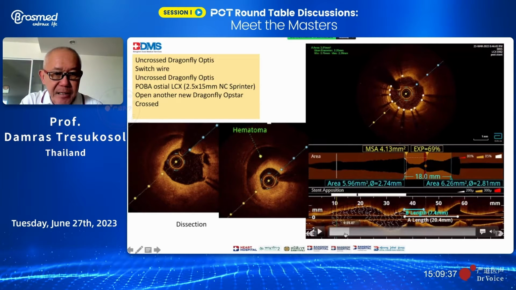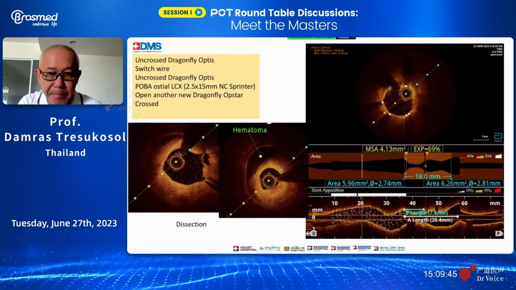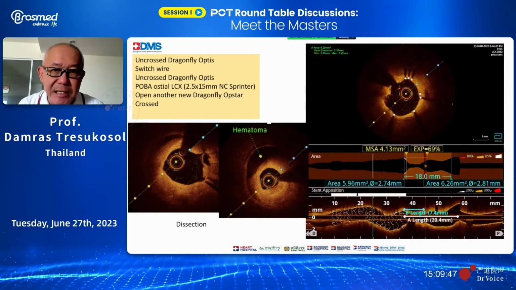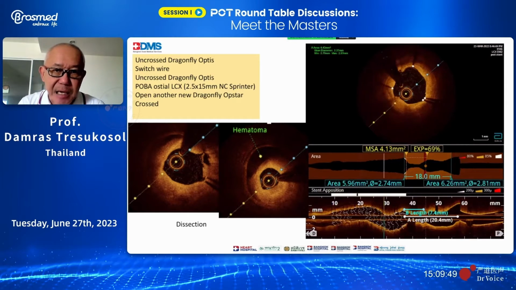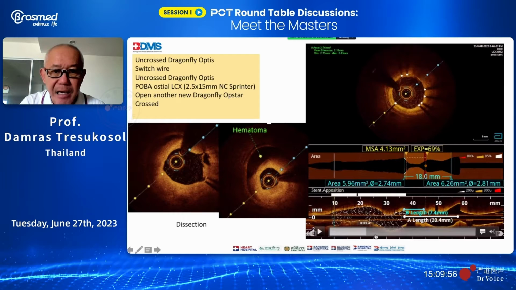So we start from here. You can see that the stent is quite well expanded with some minor tissue protrusion inside the stent. The stent contour is not well circular. And I drag a little bit faster to show you that there is some disease here.